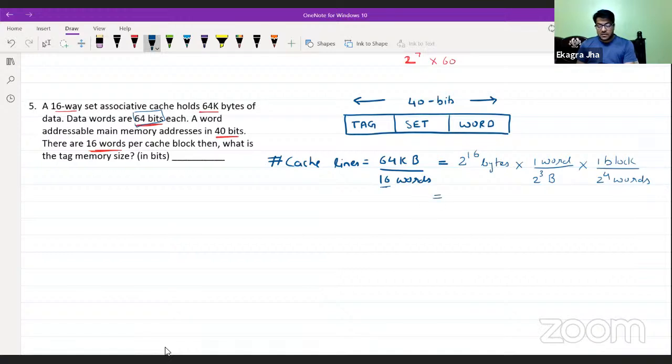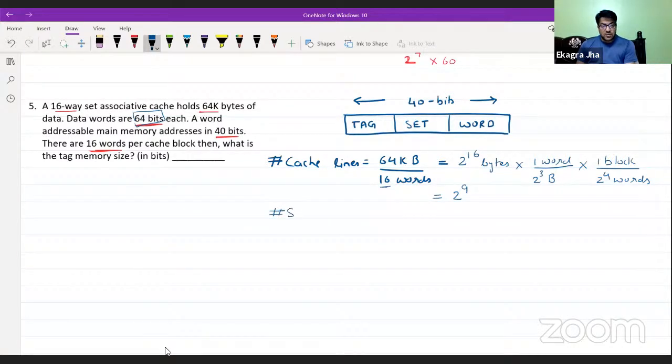And let's calculate this. 2 to the power 4 and 3 becomes 2 to the power 7. You can eliminate 7 from the 2 to the power 16, which gives you 2 to the power 9 cache lines. Okay, so 512 cache lines are there after this calculation. But because it is a set associative cache, we need to divide these cache lines into the number of sets.